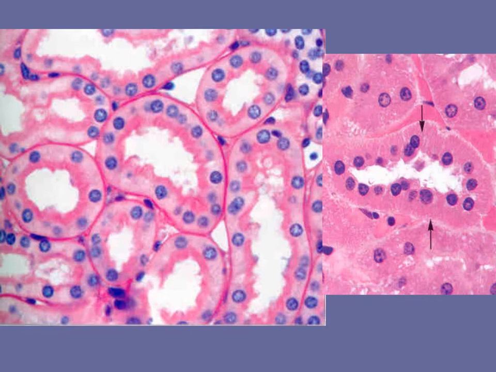So now as we begin to look at our convoluted tubules, how does one differentiate a proximal convoluted tubule from a distal convoluted tubule? Well, first of all, we're going to be looking at these areas of simple cuboidal epithelium. Now, leaving Bowman's capsule, the first convoluted tubule that is reached is the proximal convoluted tubule.